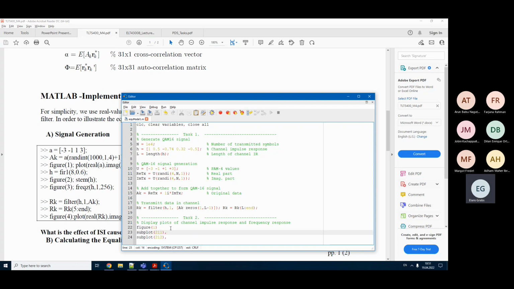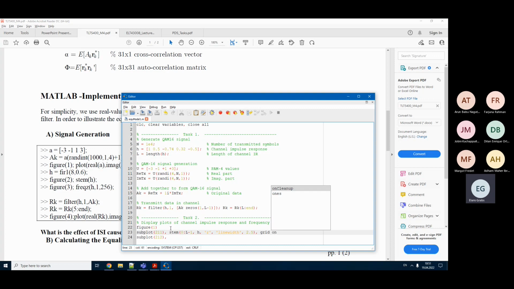So for impulse response, in the same way, we are going to use stem, and starting from L to L minus 1. That would be our x-axis data. Y-axis data is going to be H, then red color, some formatting like line width, for example, 2.5, maybe.